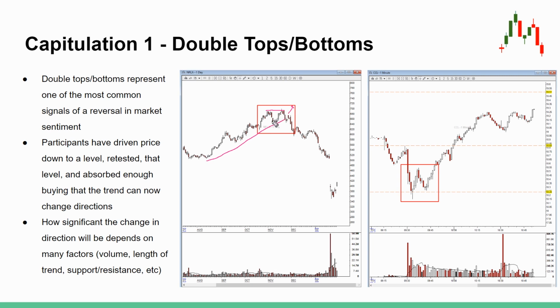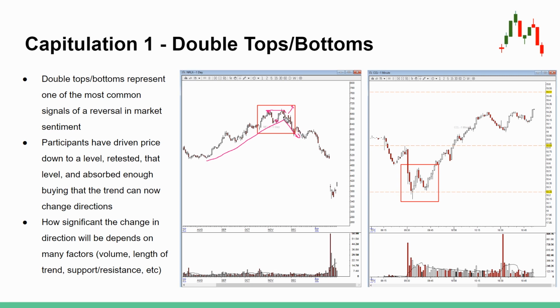But at this point, this second top and this second failure, what's going to happen in the market? People are going to start bailing. The people that bought here are going to take profit. The people that bought up here are going to start panicking because now they're going negative on their position again. And so all of that combined selling is going to ultimately lead to this double top pattern and the continuation in the opposite direction.